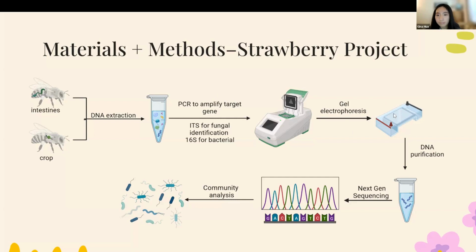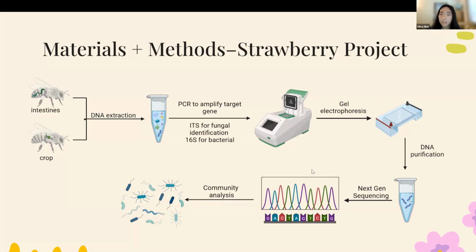And then I did gel electrophoresis just to make sure that the PCR works. And if the gel comes out good, I would continue on with DNA purification to get rid of all the extra stuff we don't need and have just the cleaned up DNA by itself. And then next we would submit that to get it sequenced.